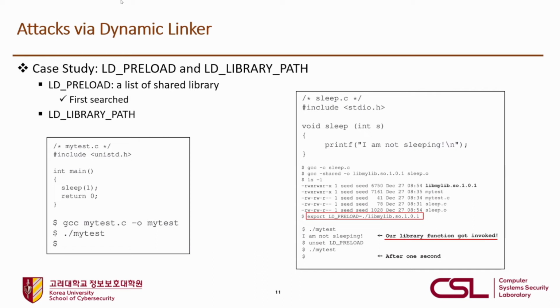LD_PRELOAD is named preload because it is searched first by the dynamic linker. At this time, we set the library we made. So when the program is executed, you can see that the code you made is executed instead of the existing sleep function.